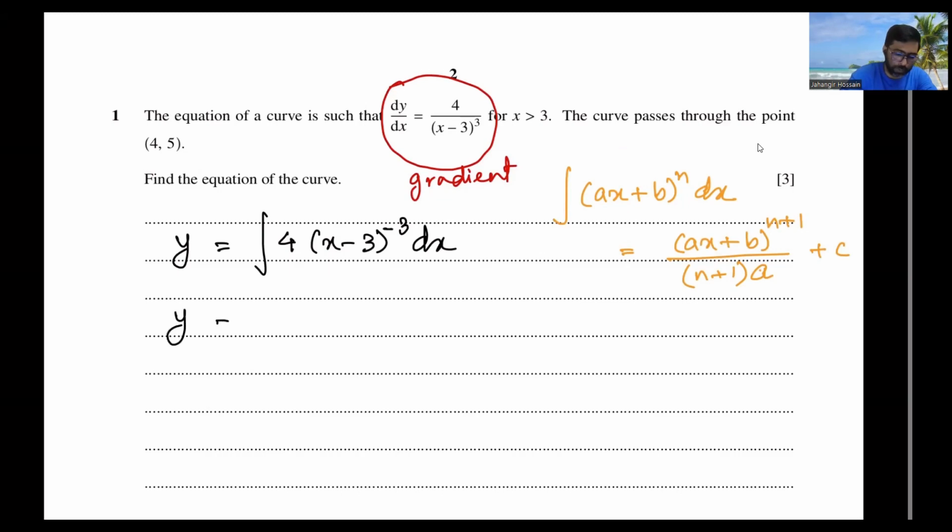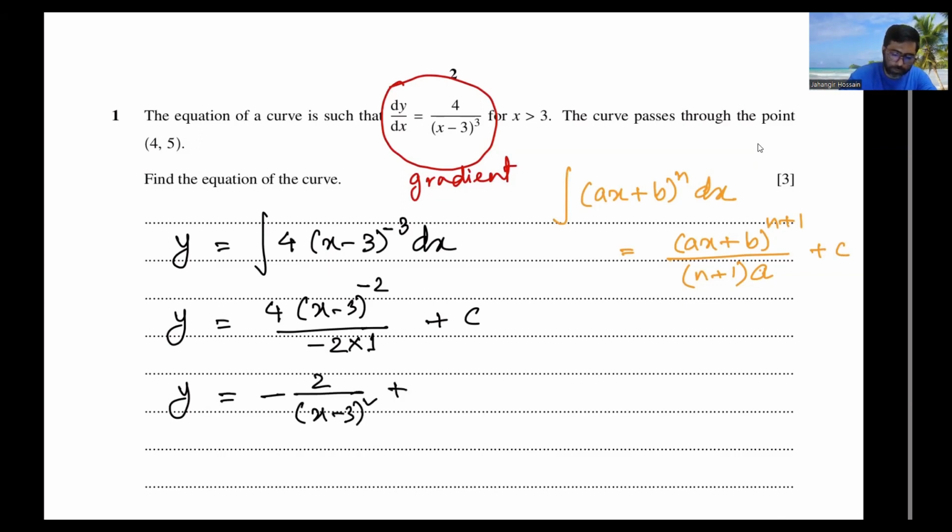Therefore, y becomes 4 (x minus 3) to the power minus 3 plus 1, that's minus 2, divided by minus 2, and the coefficient of x is 1, plus the constant of integration. So we have minus 2 divided by (x minus 3) whole square plus c.